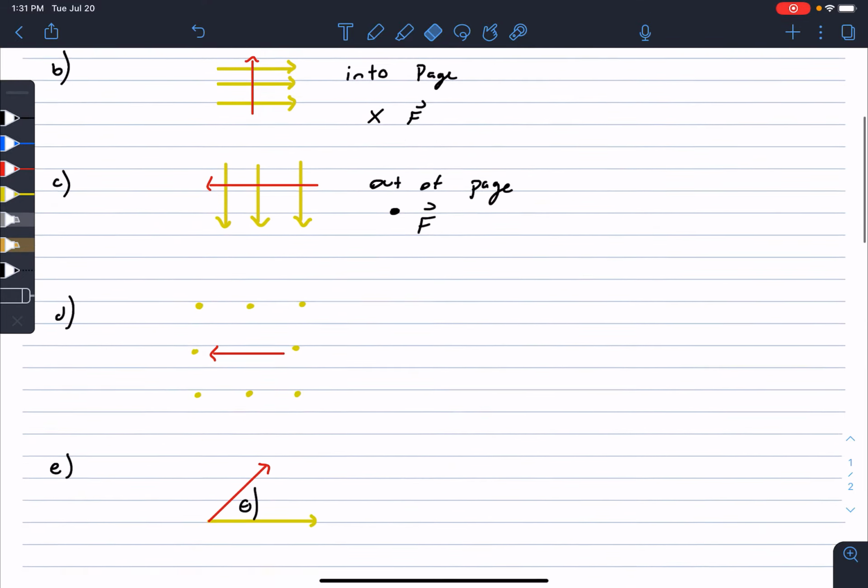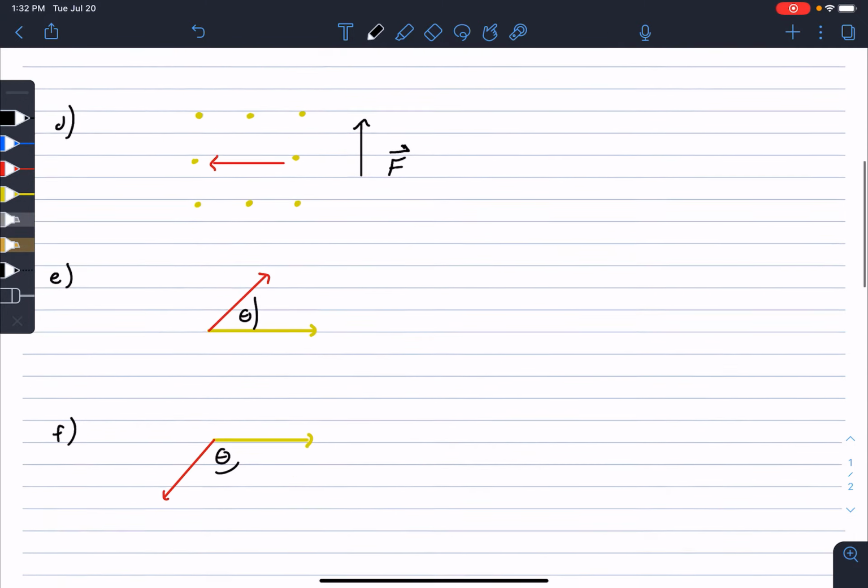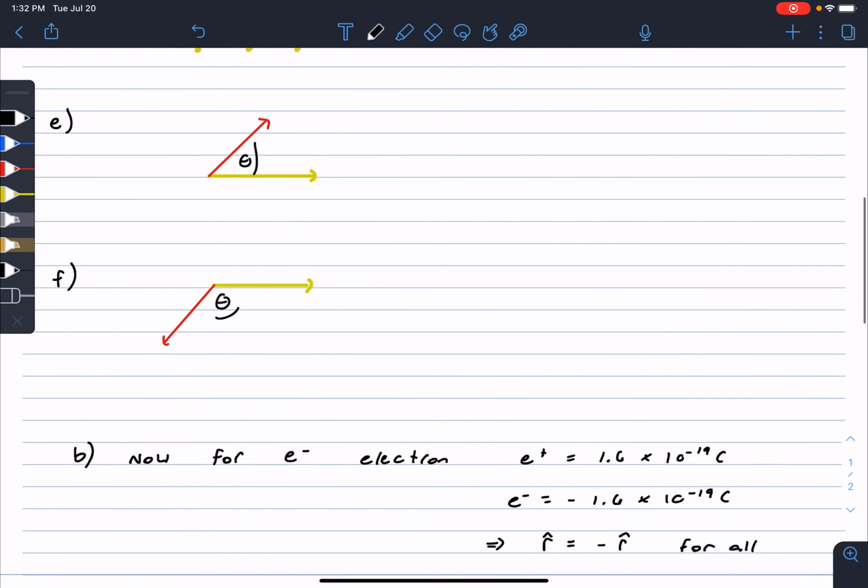Okay, next. This one, again, I find my right hand fingers pointing to the left. Find a way to curl them upwards, so my palm is up. That means that the force is going to be pointing along the page, towards the top of the page. Okay, next one. Following my right hand, this is the velocity, right hand fingers point this way.